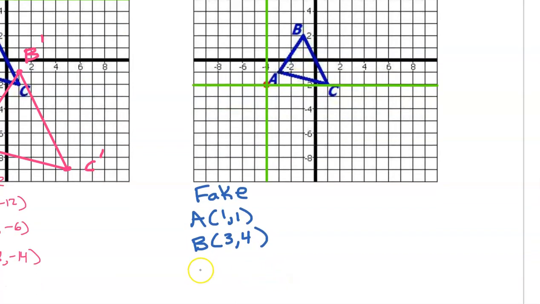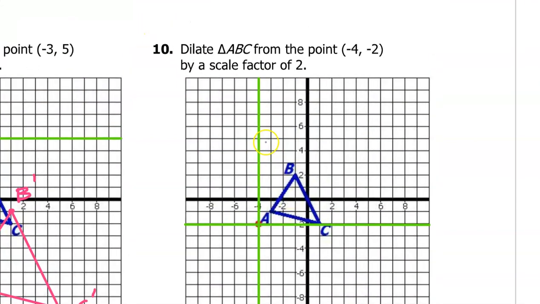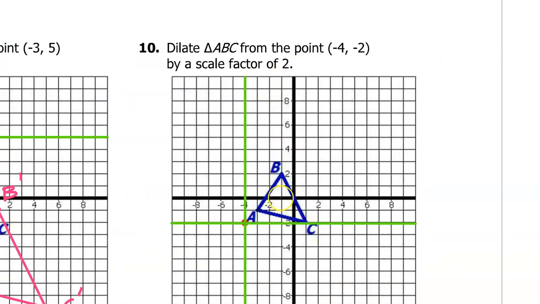And fake C is going to be 5, 0. All right. Now let's go ahead and find the fake image coordinates. The scale factor is 2.